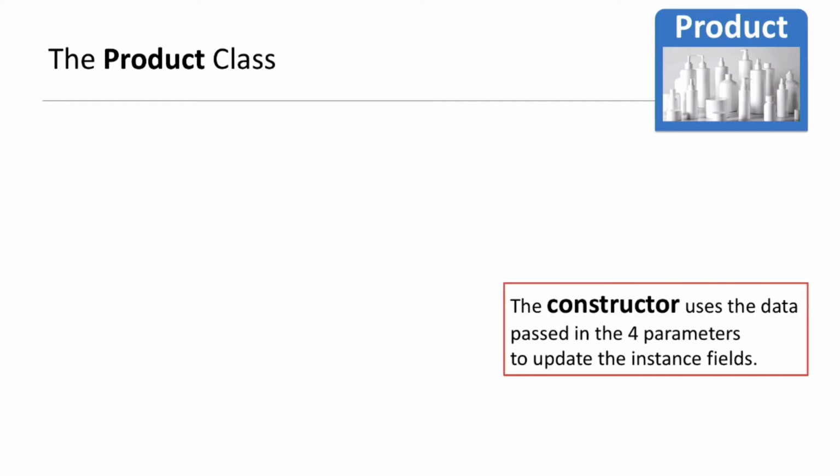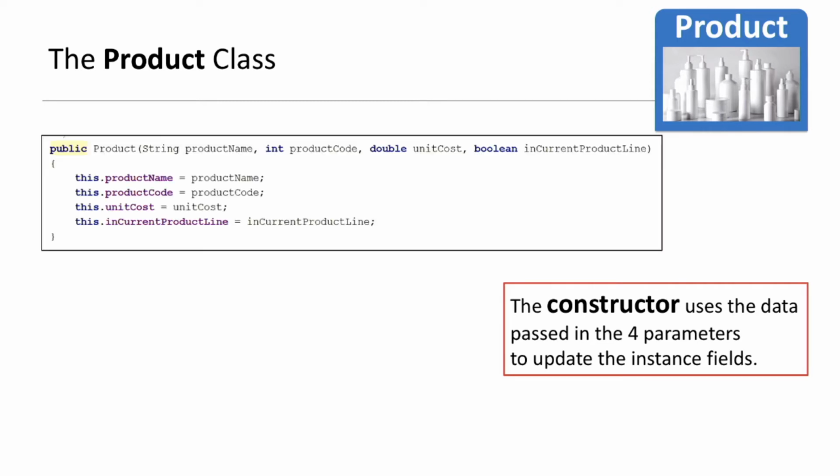The constructor uses the data passed in the 4 parameters to update the instance field. So here's our constructor. It's product, same name as the class. It has brackets, and inside the brackets we will see that we've got 4 parameters.